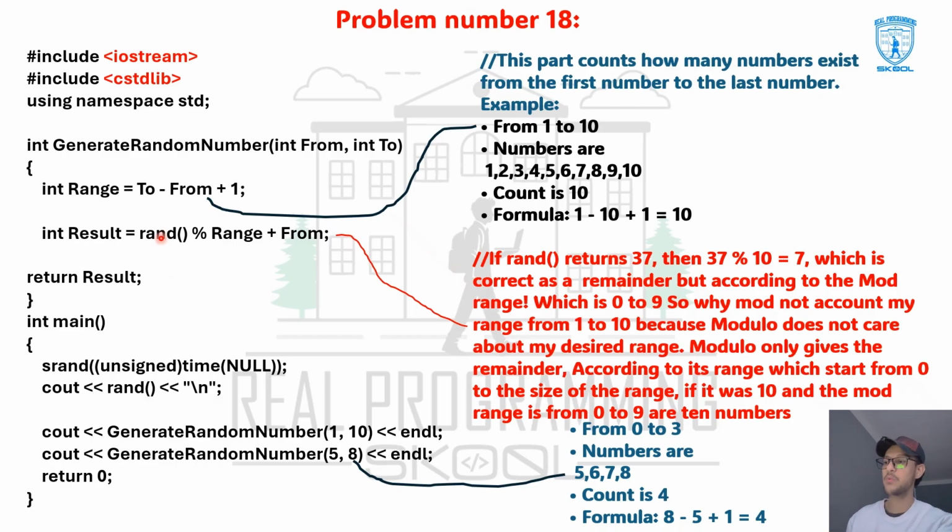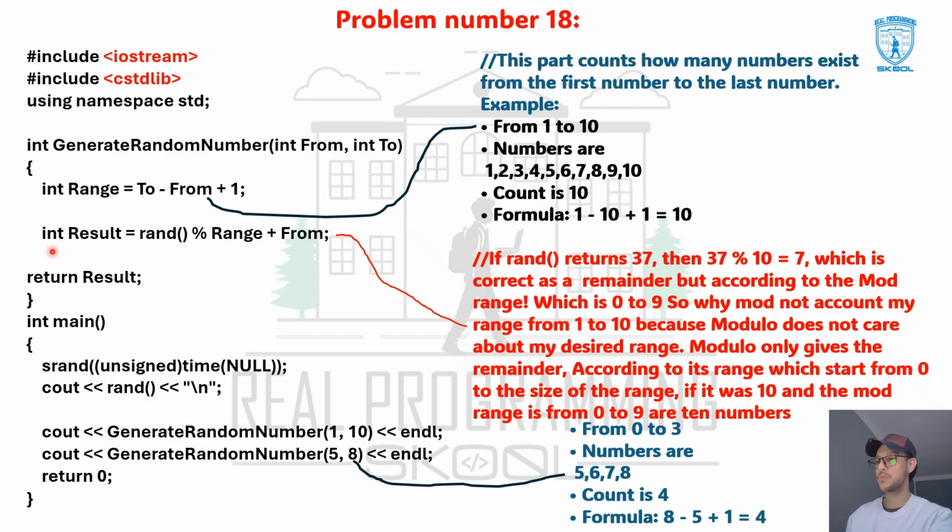So when we call the function rand, the compiler directly returns, for example, 37. So 37 mod 10. From where do we bring 10? We bring it from this line of code that we stored inside the range, because we say 10 minus 1, 9, plus 1, 10. 10 is stored inside the range.